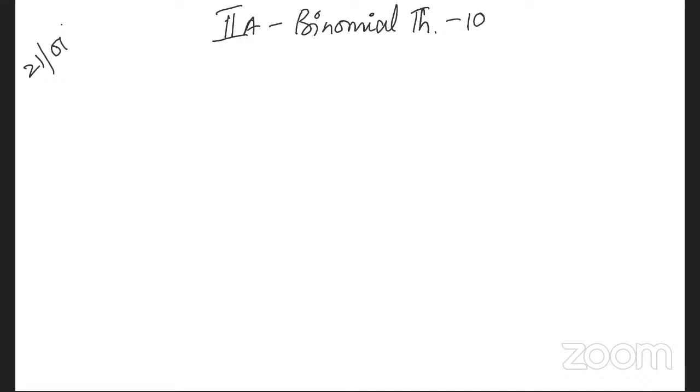In the last class, we discussed the numerically greatest terms and the largest binomial coefficients, and we wrote the identities. We have also done a few problems based on numerically greatest terms. Today we shall see some more problems. One is based on largest binomial coefficients, and a few more problems on coefficients.